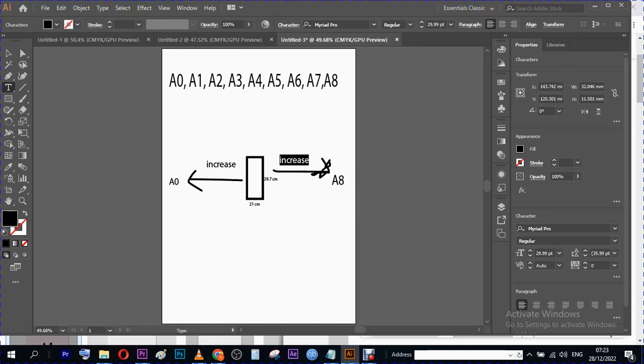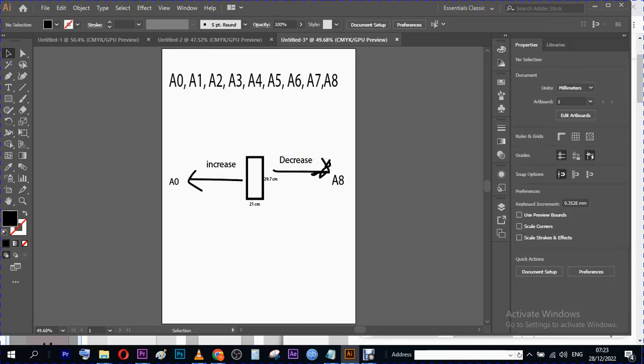Then I change this to decrease. So if you are coming towards A8 from F4, the sizes go on decreasing. So an A0 is bigger than everything towards the right side. This same thing will apply here.